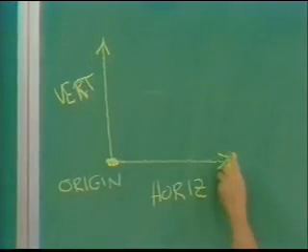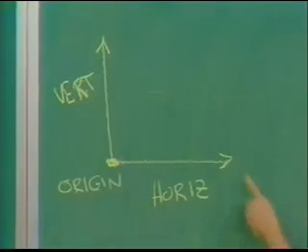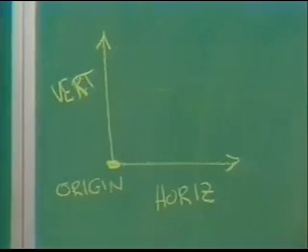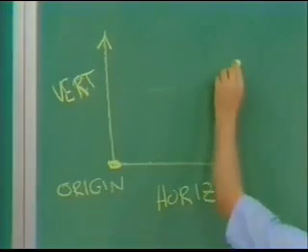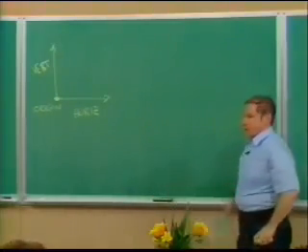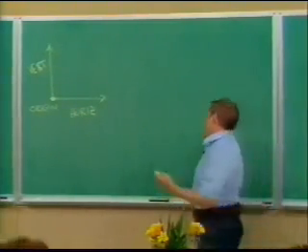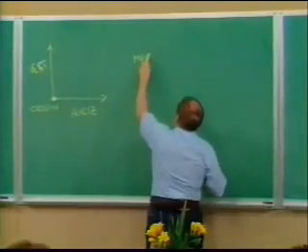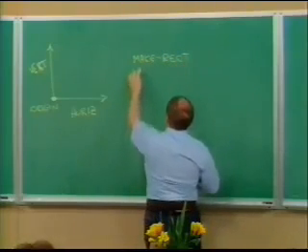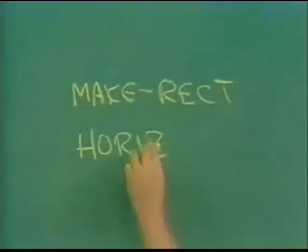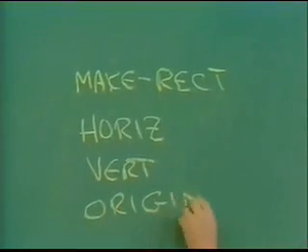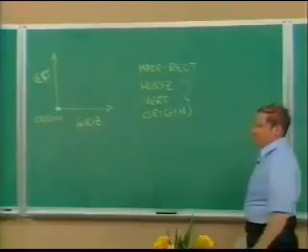And that specifies those three pieces of elements: where the lower vertex is, how you get to the next vertex over here, and how you get to the vertex over there. Three vectors specify a rectangle. Now, to actually build rectangles, what I'll assume is that we have a constructor called makeRectangle, or makeRect, and selectors called horiz and vert and origin that get out the pieces of that rectangle.